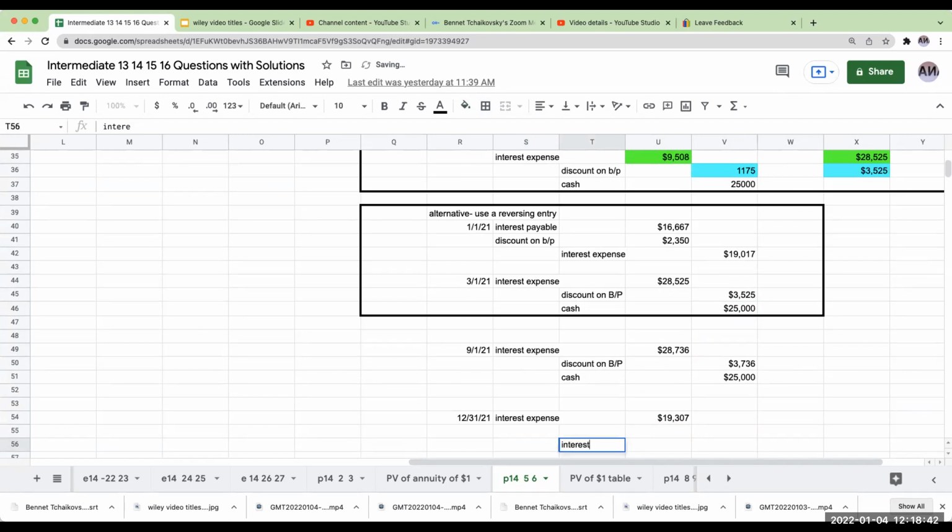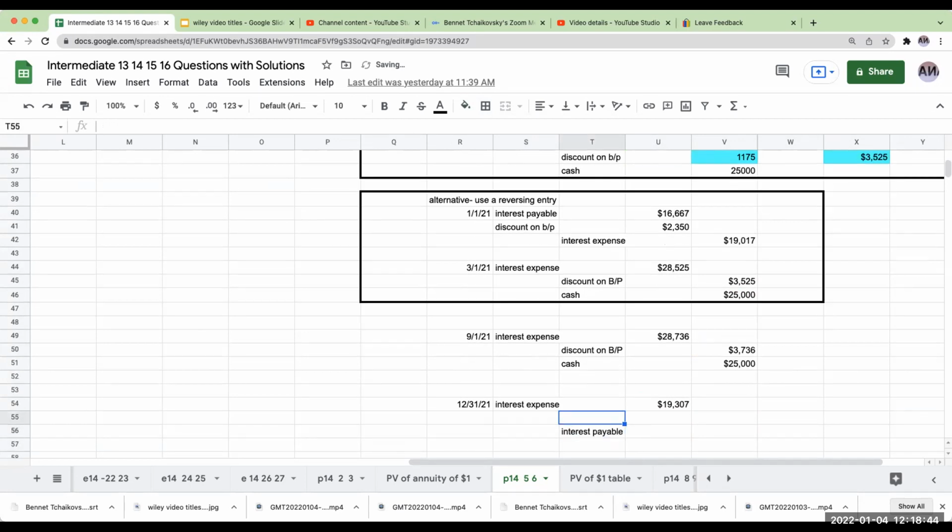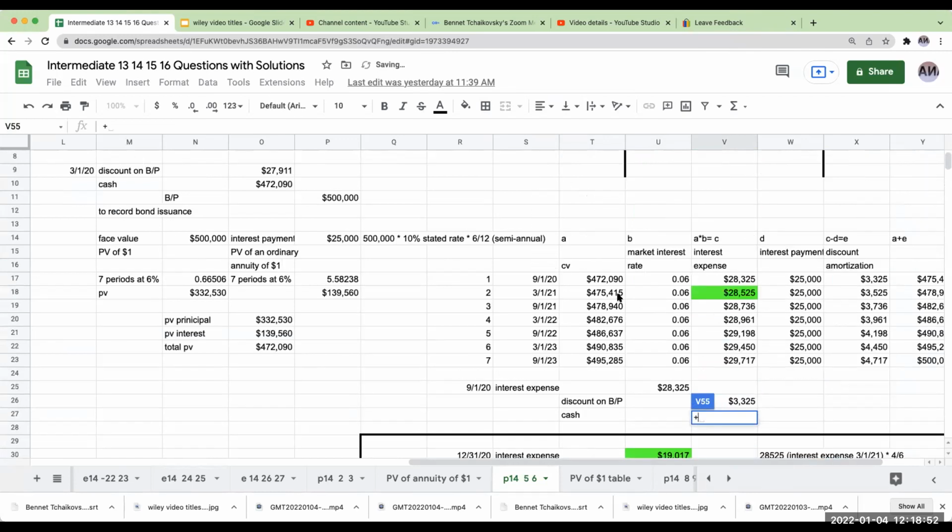I'm going to have interest payable, and I'm also going to have a discount on bonds payable. So my discount on bonds payable right over here is going to be $39.61 times 4/6.